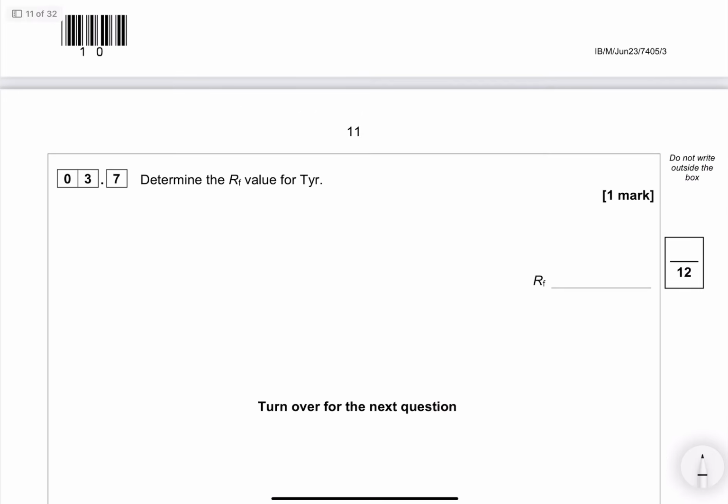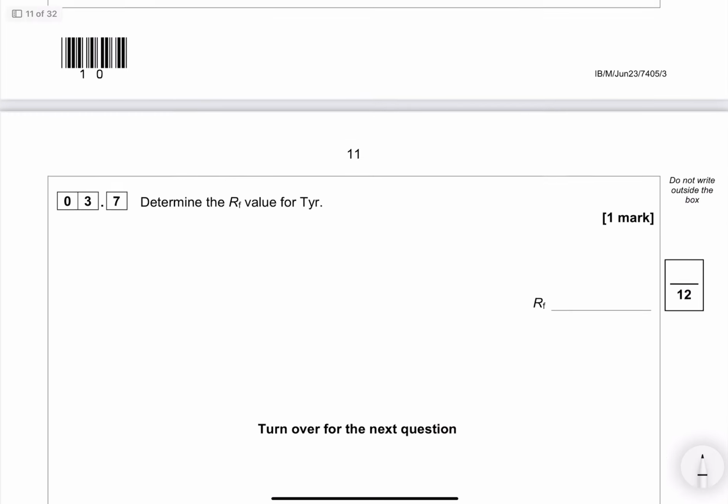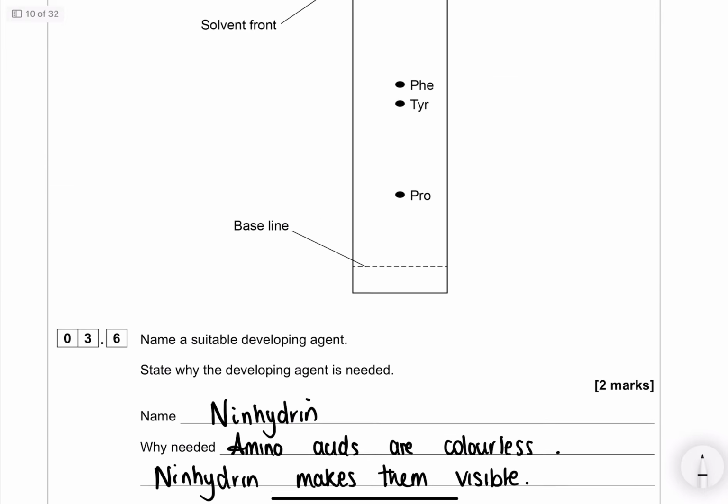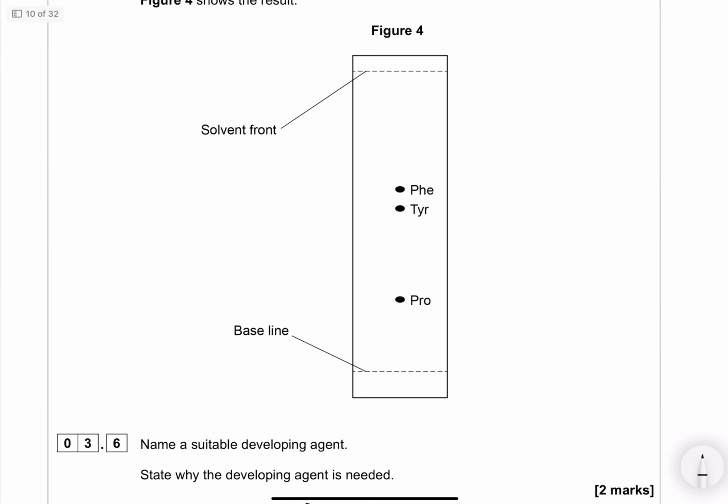The last bit of the question says determine the Rf for Tyr. Now, I'm going to be using this ruler on the iPad. You may get different values for your readings, but your Rf value should be the same because it's a proportionality.